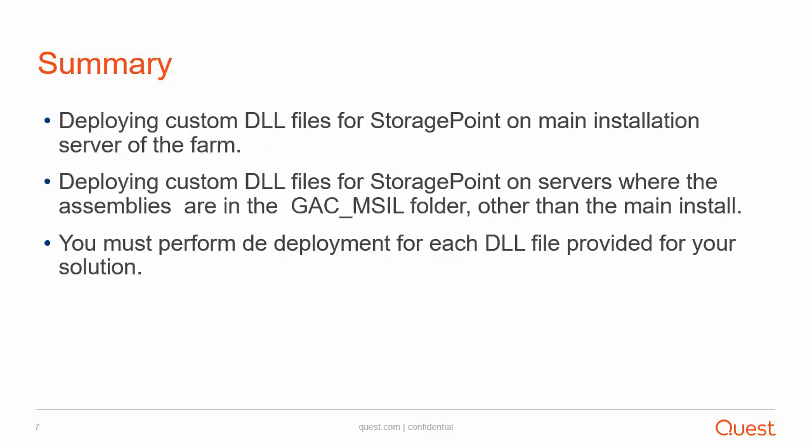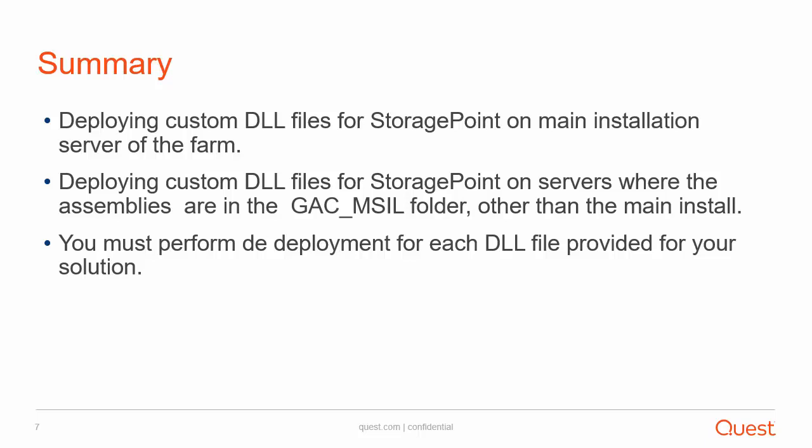Here's a recap of what we have done at this moment. We have successfully deployed the custom DLL file for StoragePoint on our main installation server of the farm, and also on the other servers that had the GAC_MSIL folder in which the StoragePoint DLL has to be updated. Be mindful that you have to perform this action for each DLL file that you have received for your custom solution.